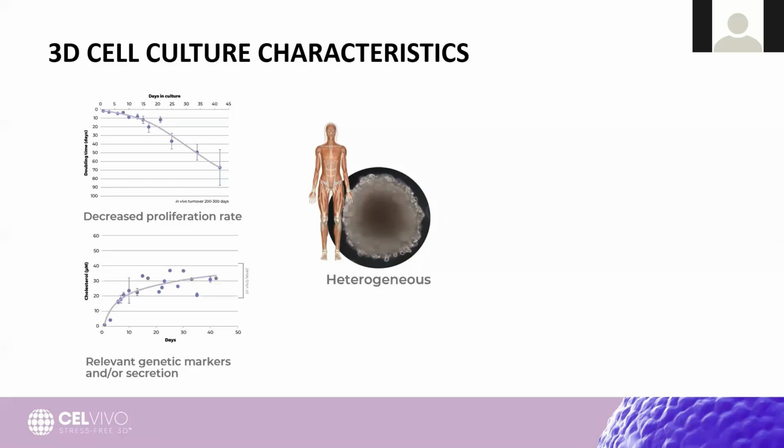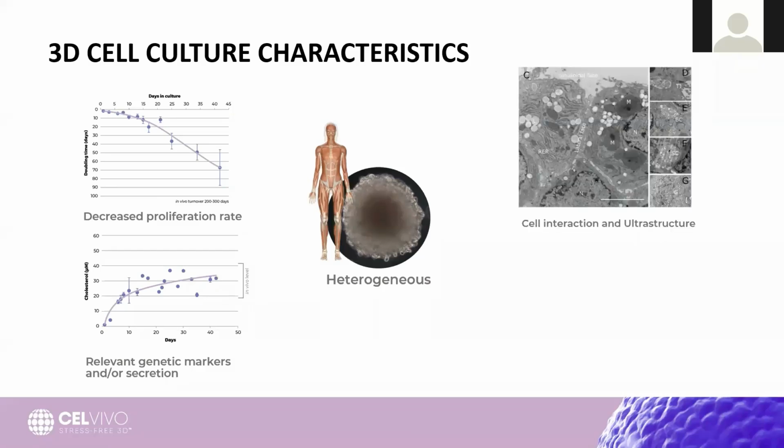It should also have relevant genetic markers. So if you wanted to study the liver, it should have relevant genetic markers for the liver. And it should also have relevant secretion levels. And furthermore, it should look like the tissue you want to study. So the ultrastructure should resemble the tissue you want to look at.